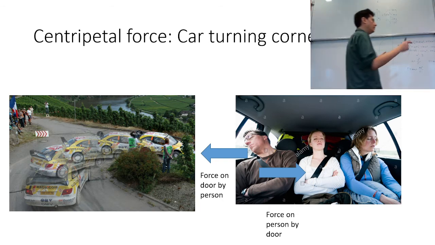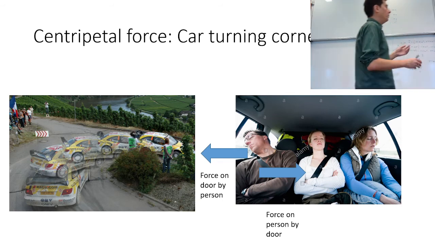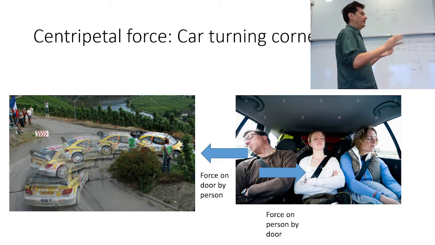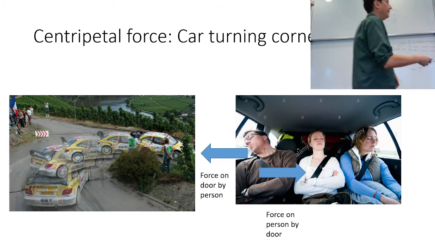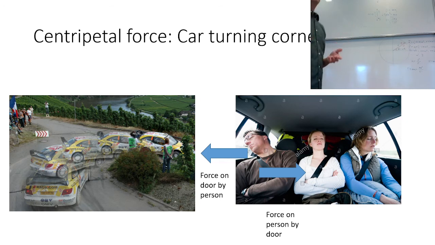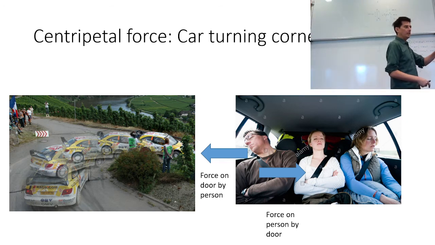But as a result of you wanting to keep on going in the same direction, you will press yourself into the door, right? And the door will then, by Newton's third law, produce a force acting in the opposite direction.